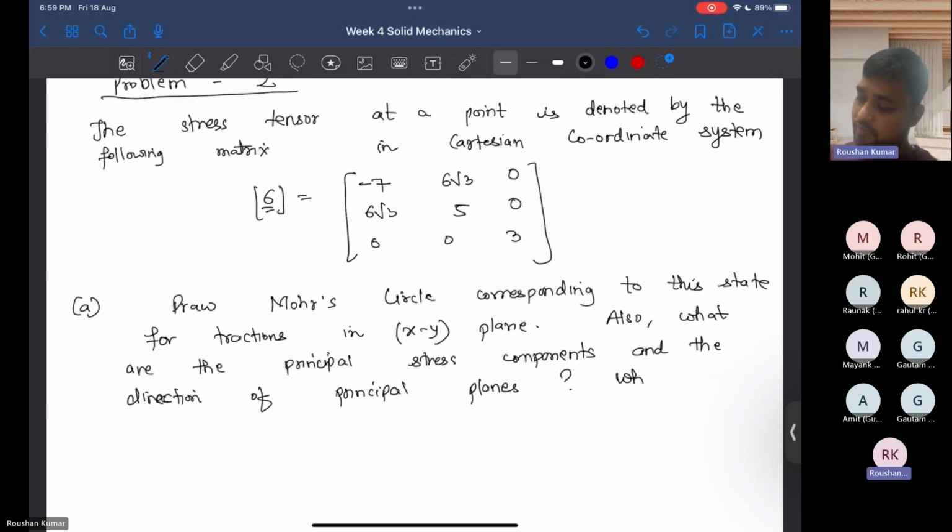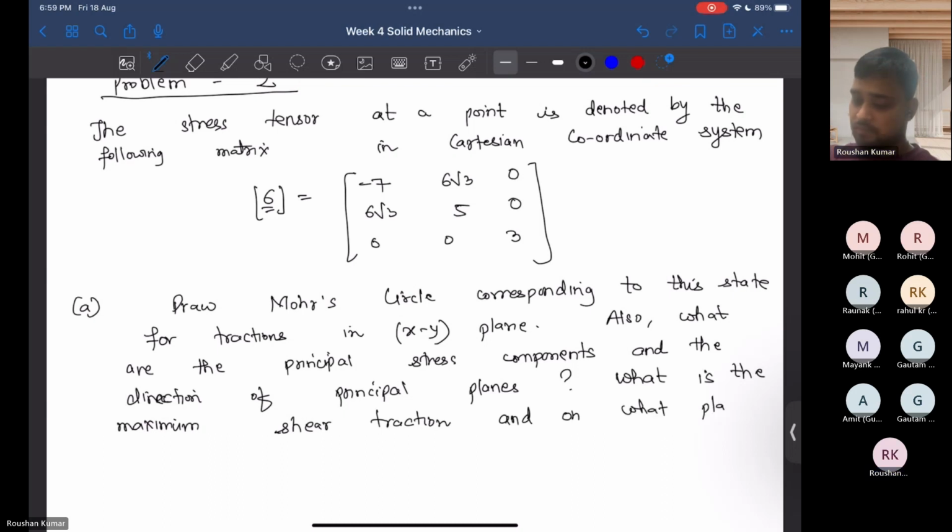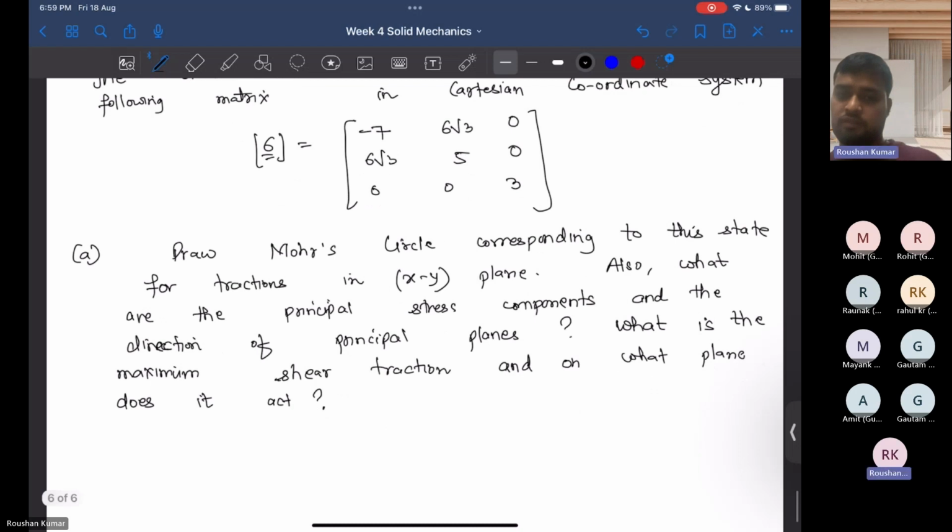Also, what is the maximum shear traction and on what plane does it act?